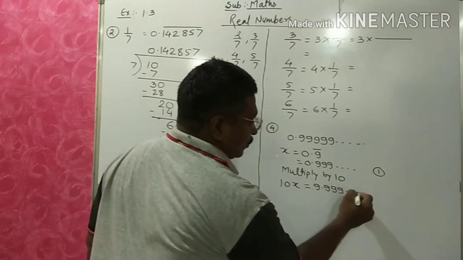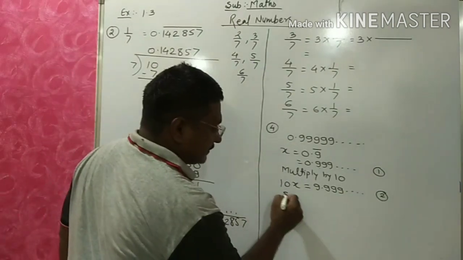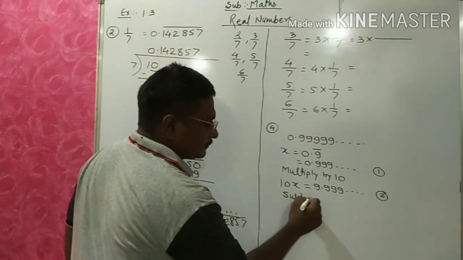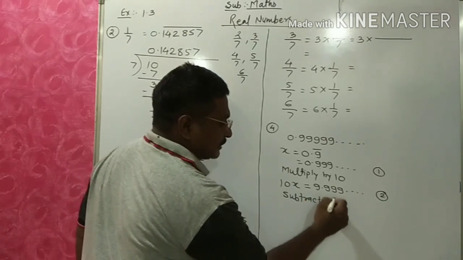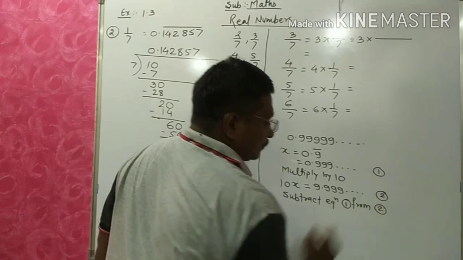9.999. This is equation 2. So what has to be done? Subtract equation 1 from equation 2.